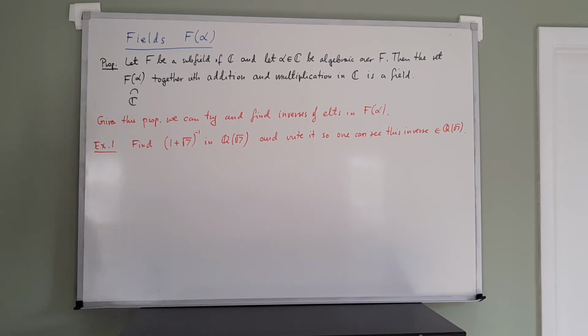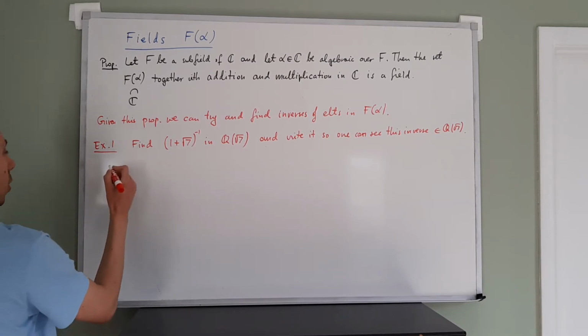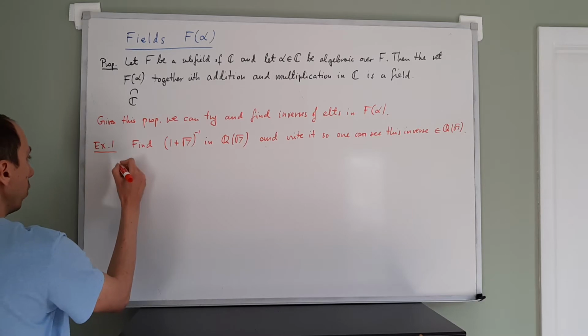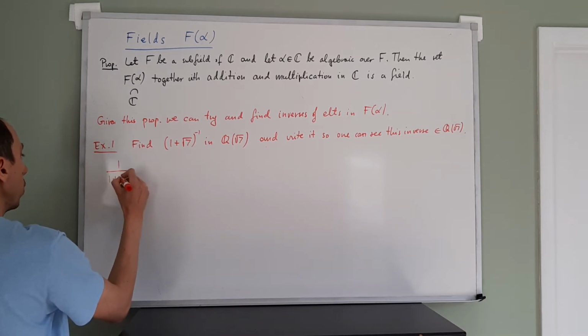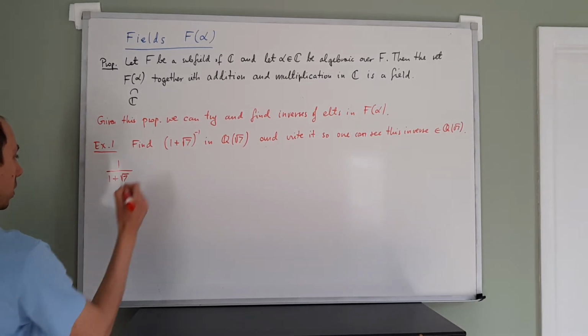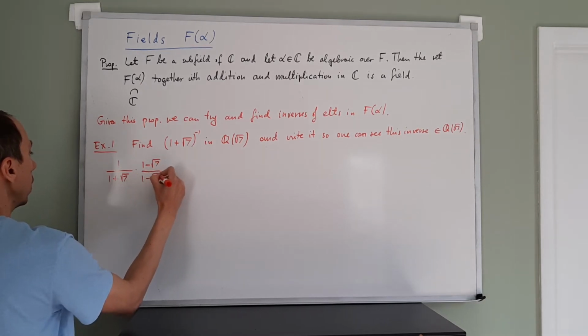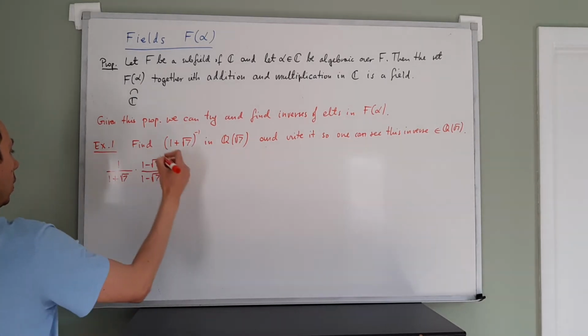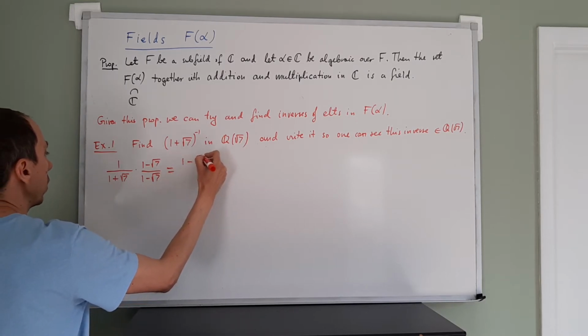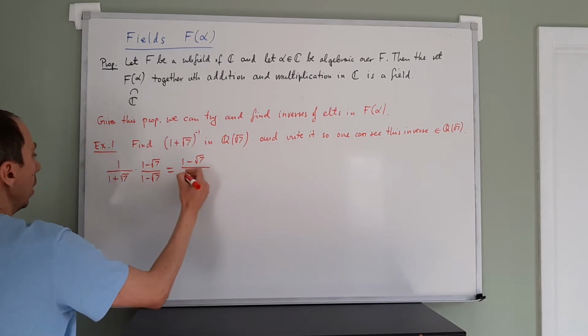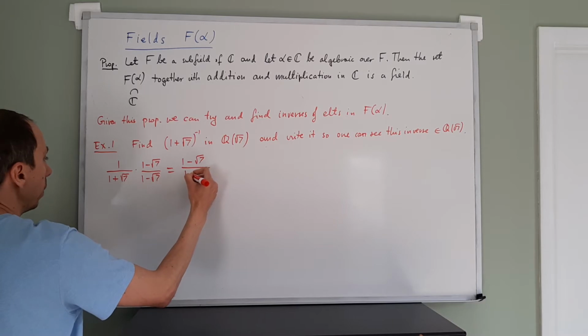Well, for this, we can just use the same trick I did before. 1 plus radical 7 is not 0, so I can just write 1 over 1 plus radical 7 and multiply this by the conjugate. So I get 1 minus radical 7 divided by 1 minus 7.